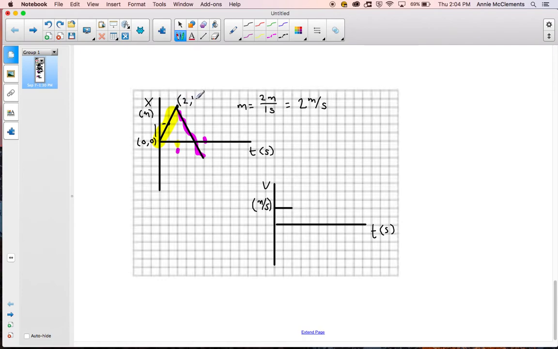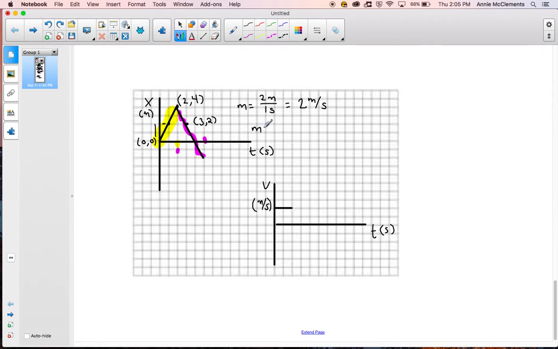2, 4. And then it also looks like it intersects here, right, at 3, 2, right? And continues straight on from there. So we can use those points to calculate our slope if we wanted, right?